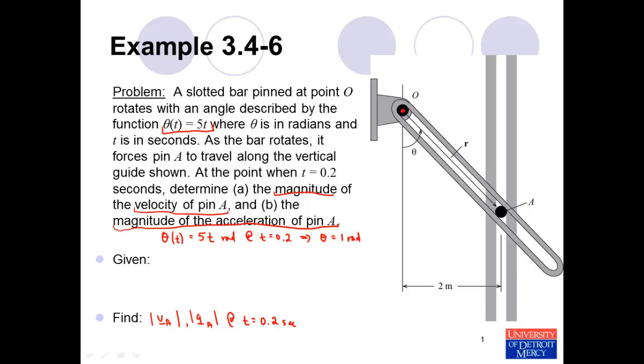If we think back to what we've learned about polar coordinates, we have one axis, the radial axis, that points from the reference point out towards the particle. And then the second is the transverse direction.